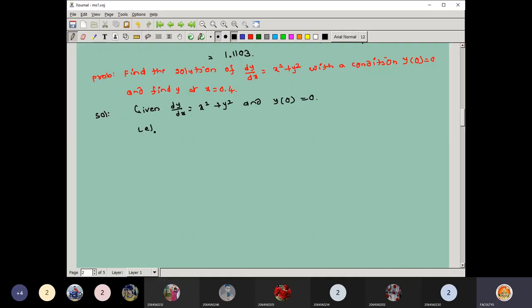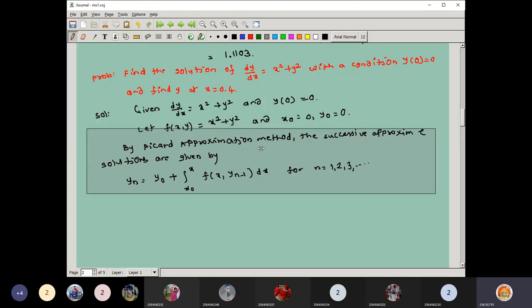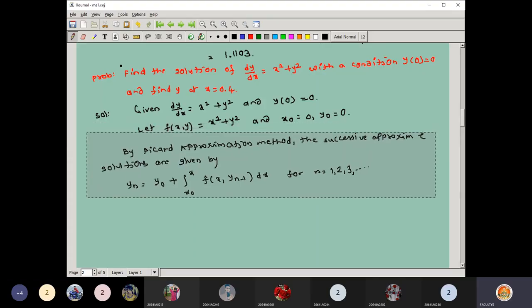So I am introducing the function f of x comma y, which shows the right side of dy by dx, x square plus y square, and with the help of the condition, the bracket value is x naught and the right side value is nothing but the y naught value. So once you get that value, now I am entering into Picard's approximation method formula.